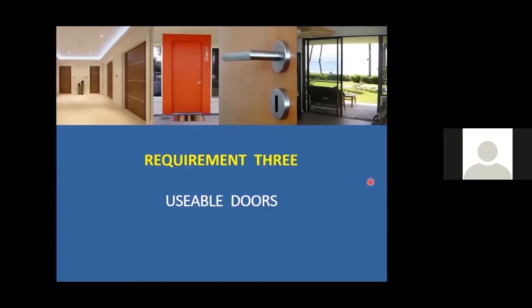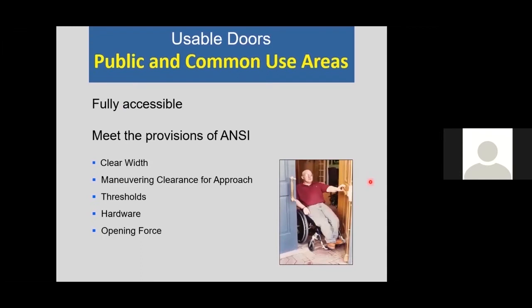Moving on to requirement 3, usable doors. I like to make a distinction here. The doors leading to public and common use spaces are required to be accessible doors. They need to meet all of the requirements of the ANSI standard: clear width, maneuvering clearance on both sides, threshold restrictions, accessible hardware, opening force.